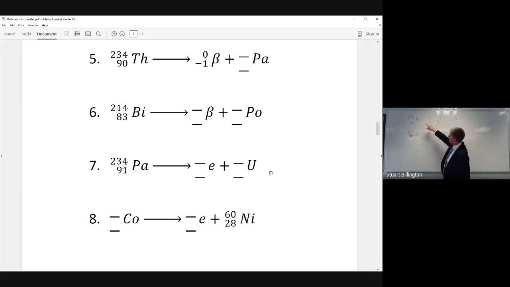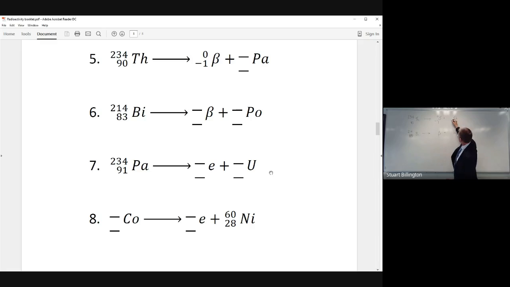Okay, let's go through this one to check that we're all okay with the first one. So thorium is the proud owner of 90 protons. And it's also got some neutrons as well, 144 of those. So altogether, 234 protons and neutrons. What's going to happen in the beta decay is that one of the neutrons is going to turn into a proton. So there used to be 90 protons, and we're about to get one more because a neutron is going to turn into a proton.